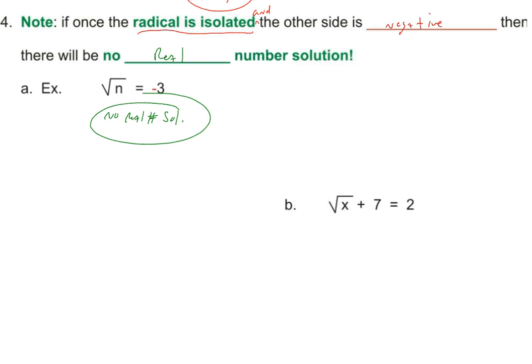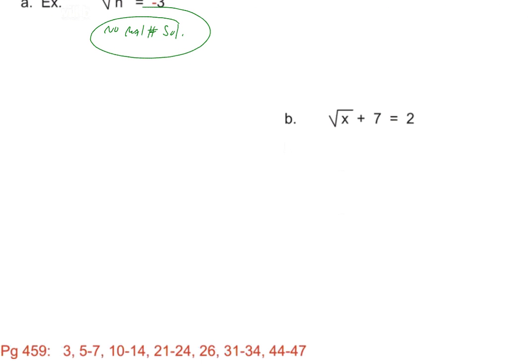Now, if you look at a problem like B, it doesn't look like this is the same kind of situation, does it? But here's the thing. Is the radical isolated for B? Not yet. So let's go ahead and isolate the radical. So we'll add a -7 to both sides. So now when I get the square root of x equals -5, I stop.